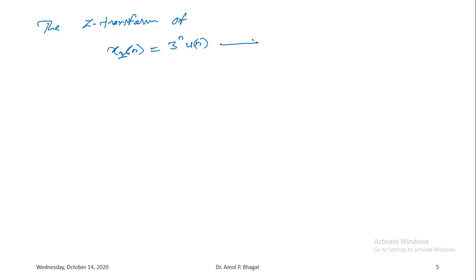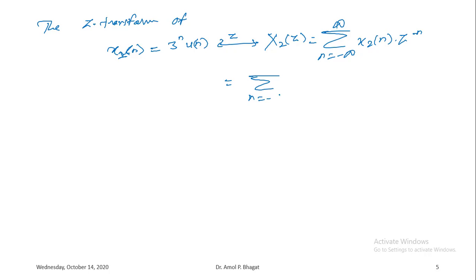Its z transform will be X2 of z, equal to the summation from n equals minus infinity to infinity of x2 of n into z to the power minus n. In place of x2 of n I can substitute its value, 3 raised to the power n u of n, into z to the power minus n. Again I can eliminate the negative values of n from the summation, because for negative values of n, u of n will be 0, so I'll start from 0 to infinity.